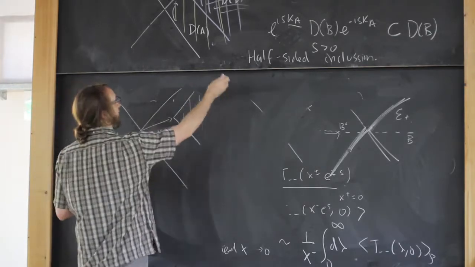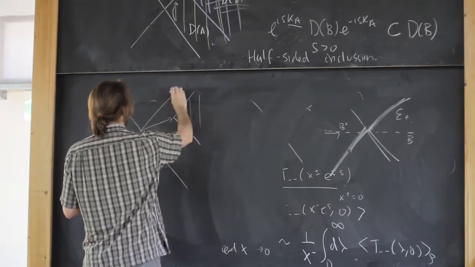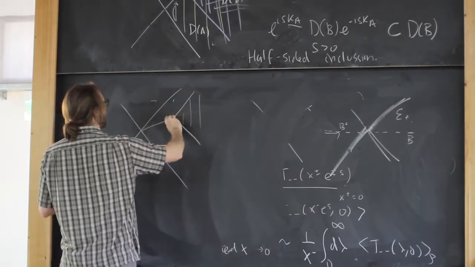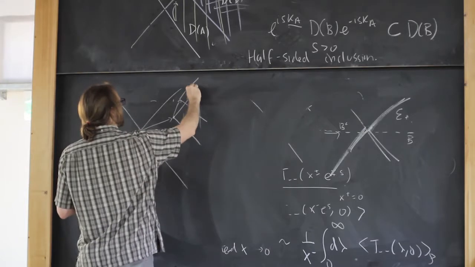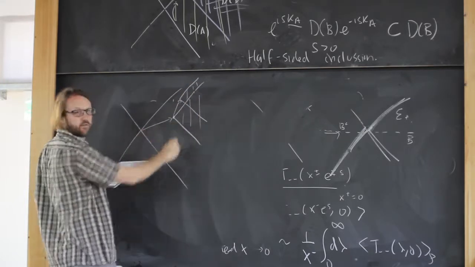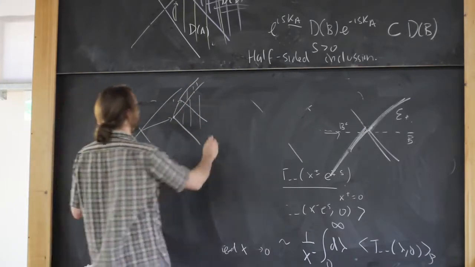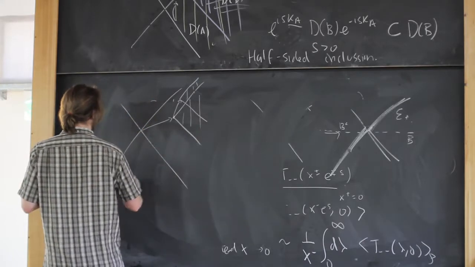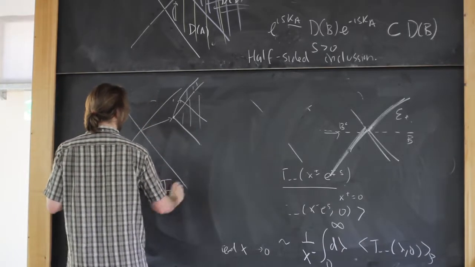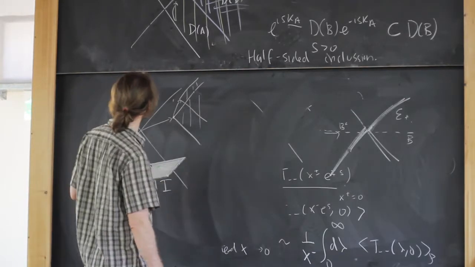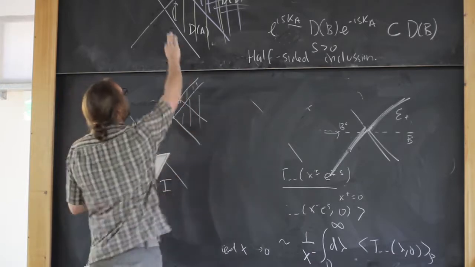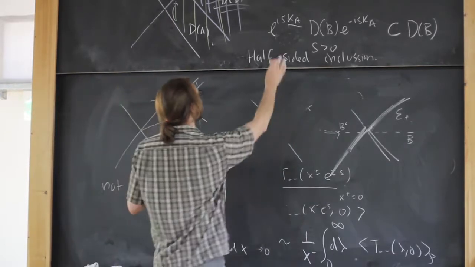Then what happens if I act with this region with the boost of this guy? Well, this point gets boosted, and so we get another wedge. But you see there's a region that's not contained in the original region. Okay, so this is not half-sided modular inclusion. So it's only when you have this null deformation is this true.